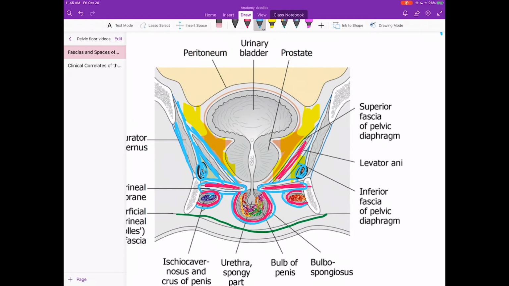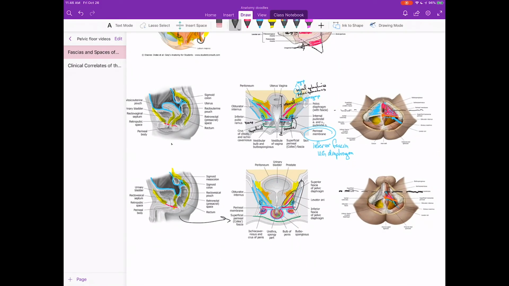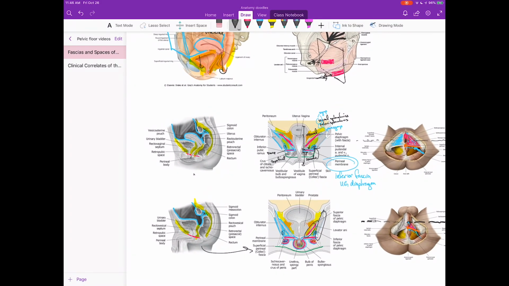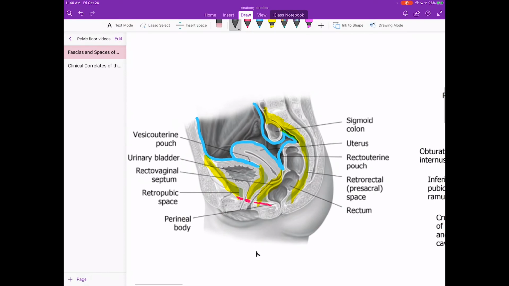By the way, I mentioned that everything superior to the UG diaphragm is visceral and everything inferior is somatic. That actually does not include the muscles. So levator ani and obturator internus are somatic structures. I just wanted to clarify that. So where does Colles fascia come from? Well, Colles fascia is a continuation of Scarpa's.